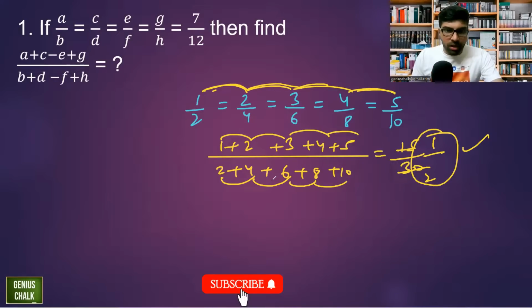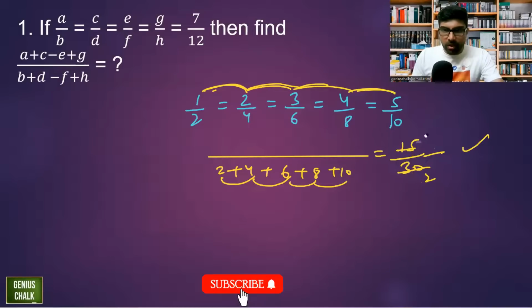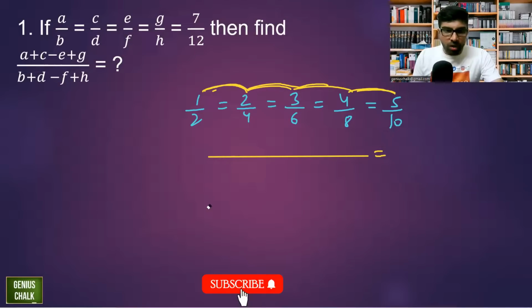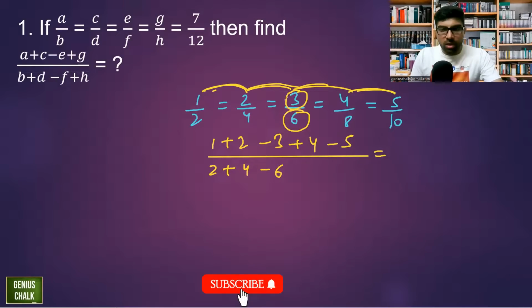Now suppose instead of all these pluses, I put a minus here or there, then also my answer will not change. Let's say 1 plus 2 minus 3 plus 4 minus 5, and 2 plus 4 minus 6. If I'm subtracting this 3, then I need to subtract this 6, right?